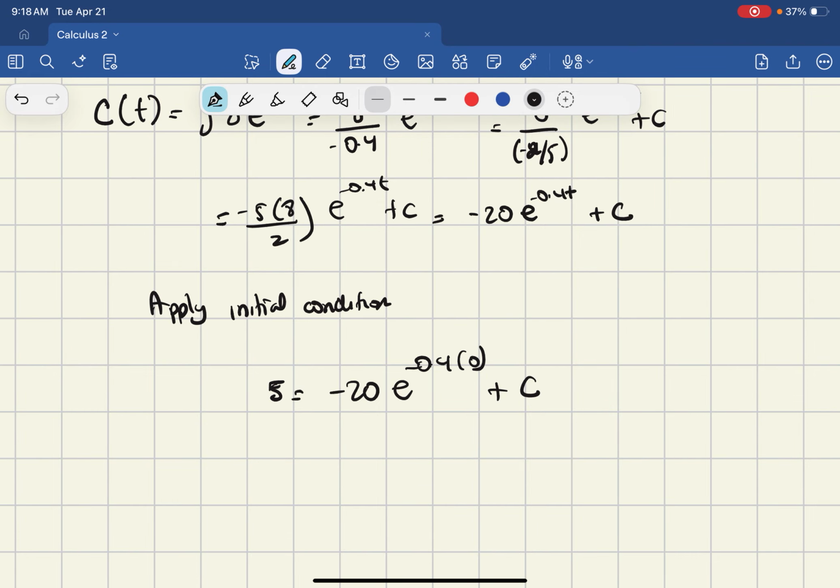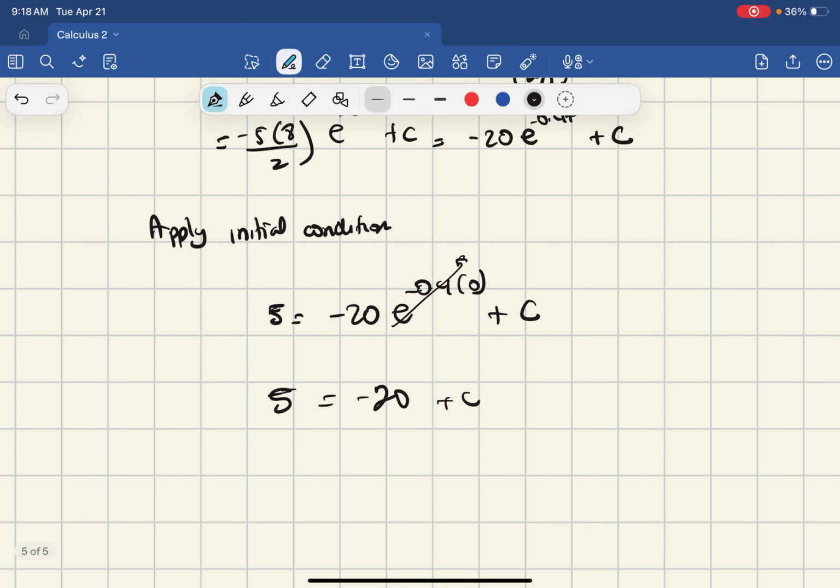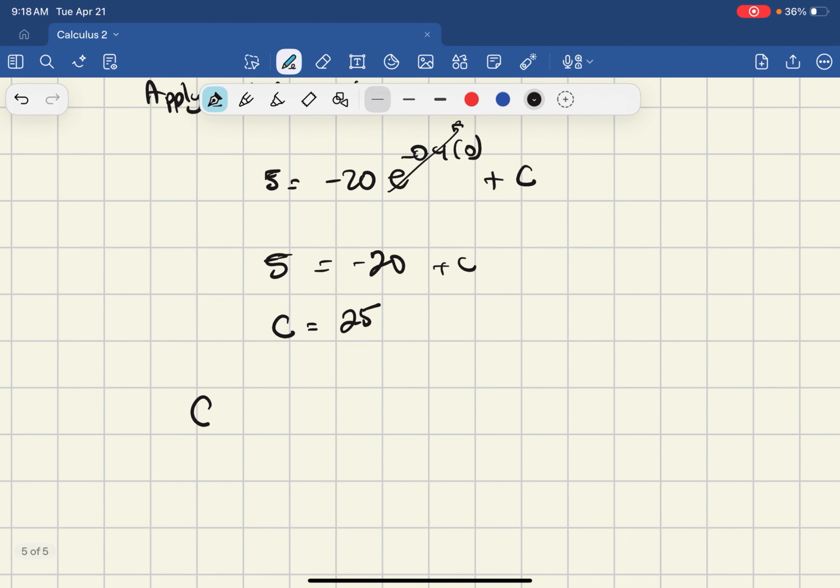So this gives us that 5 is equal to, since that goes to 1, negative 20 plus c. So in this case, c is 25. So now we have found the full form. C of t is equal to negative 20e to the negative 0.4t plus 25.